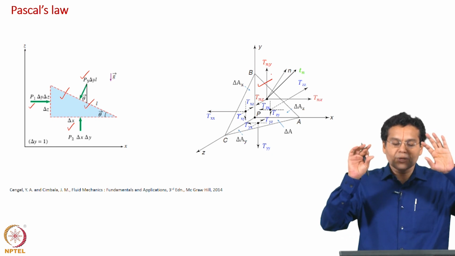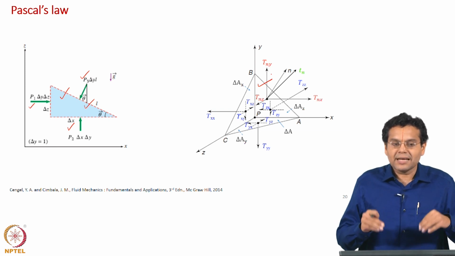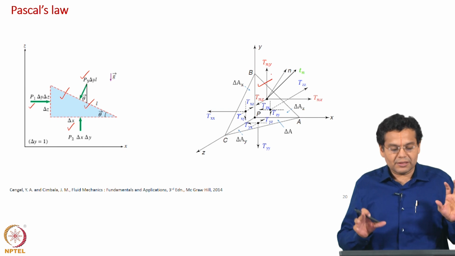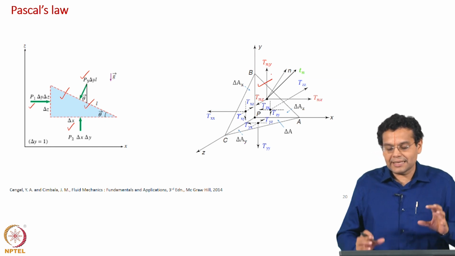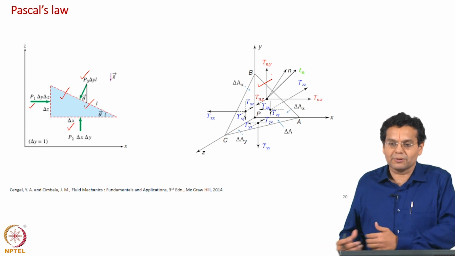Because we talked about a general stress, we said more physically fluid under static condition has only pressure as a normal stress. They discuss only pressure, we are more general saying Txx, Tyy, Tzz, but finally of course we also came down to pressure only.